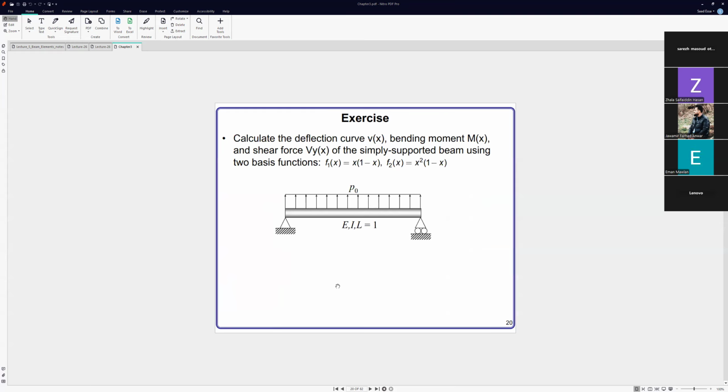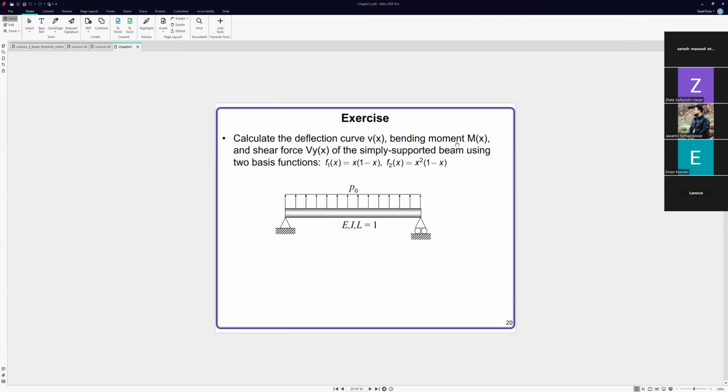Please, you should solve this one. It's too easy. L is equal to 1, and here we have E, I, and P naught. So this is the deflected shape of the function. So try to solve this one. F1 is equal to x minus x squared, and the second one, F2 is equal to x squared minus x.